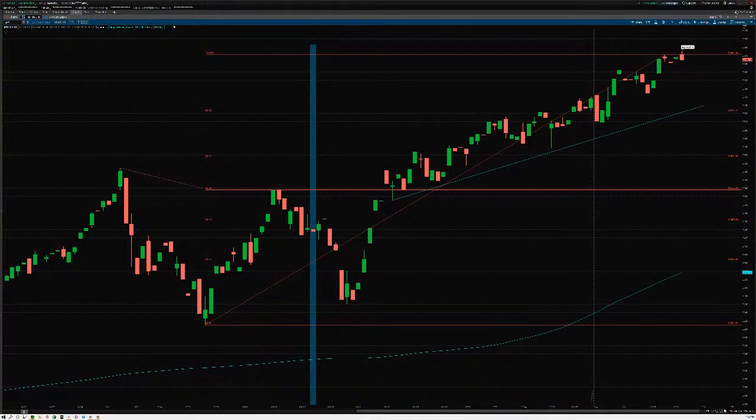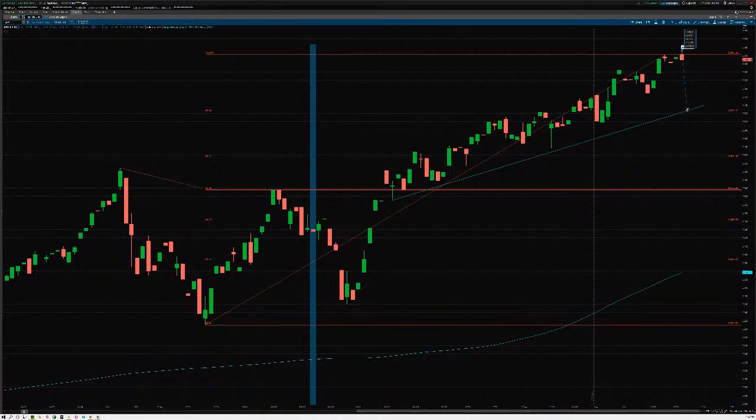I'm going to mark a trend line here. Right now we are at 38.70, that's the high, and down to this trend level is about 4%.